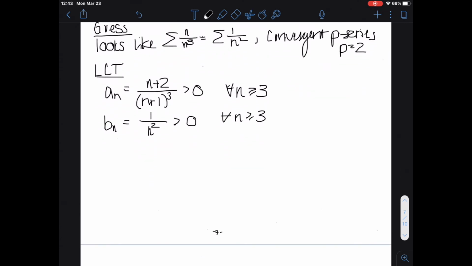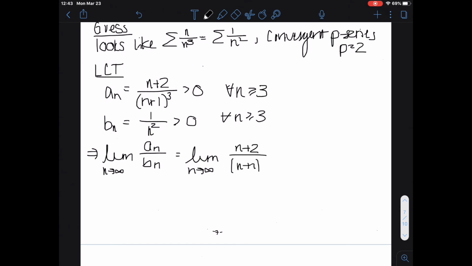So what we want to do is we want to take the limit as n approaches infinity of an divided by bn. So remember, when you're dividing by a fraction, it's the same thing as multiplying by a reciprocal. So you have an, which is (n plus 2) over (n plus 1) cubed.